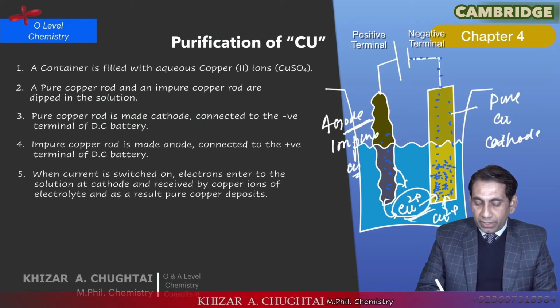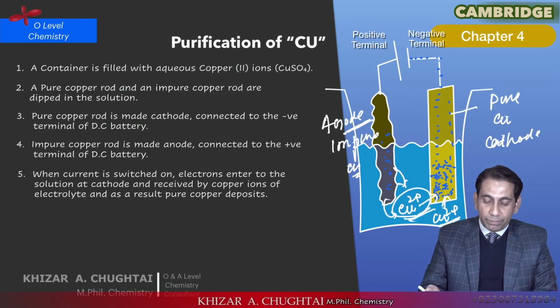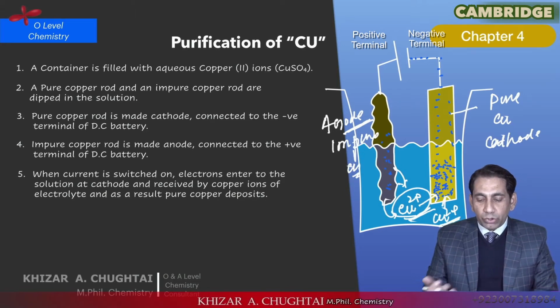Copper 2 positive ions migrate towards the cathode because they have positive charge and move to gain the electrons. As a result of this reaction, copper metal is deposited on the surface of this cathode.